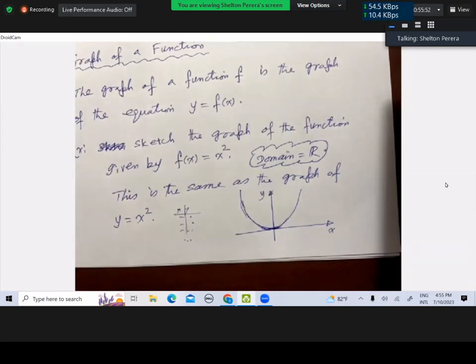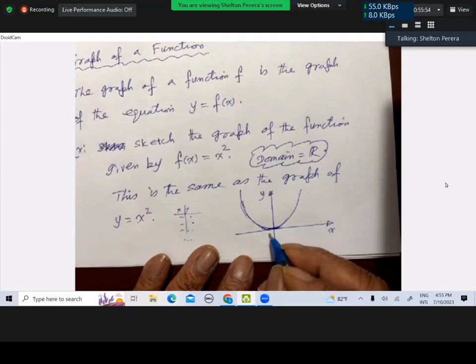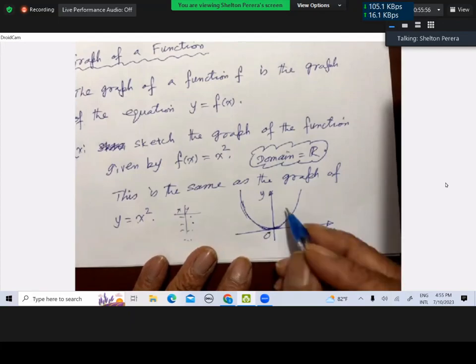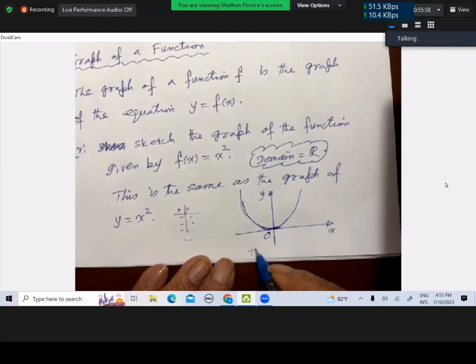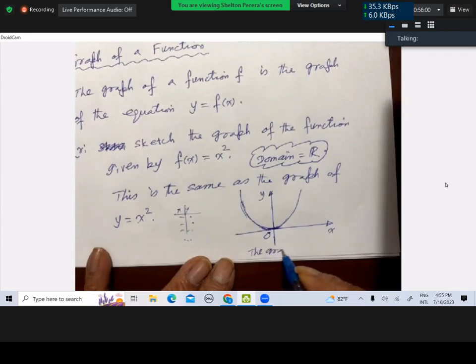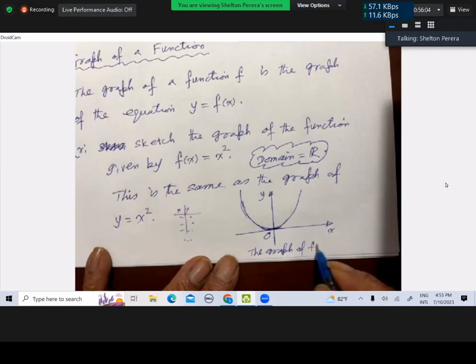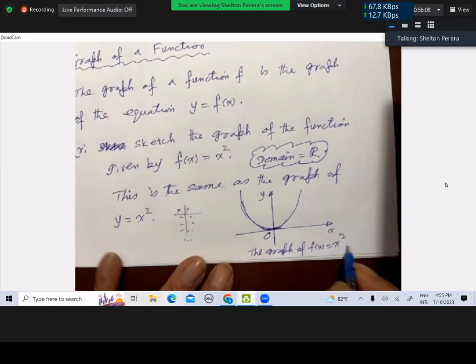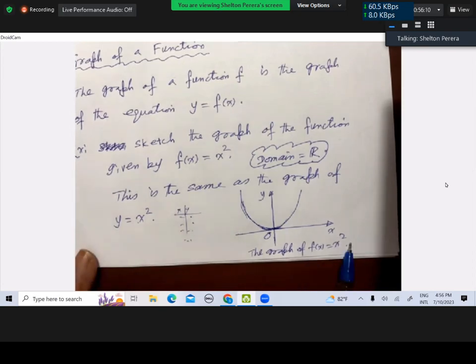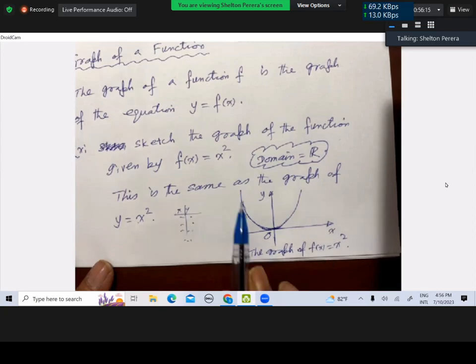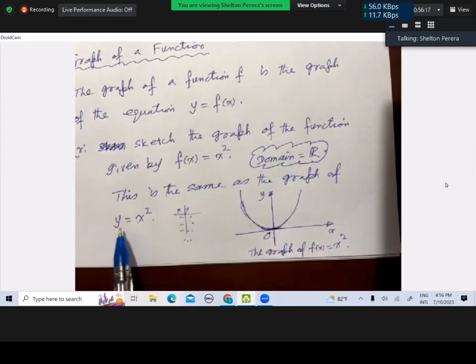What I'm trying to say is it's a parabola touching the x-axis at the origin. This is the graph of f, the function given by f of x equals x squared. So if you want to sketch the graph of this function, just make f of x equals y and make the plot. Here, of course, this is a graph that we sketched last time.